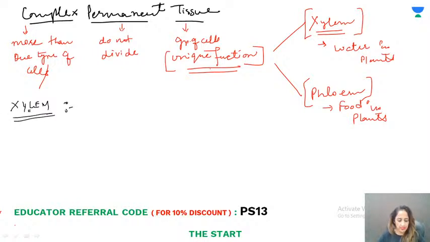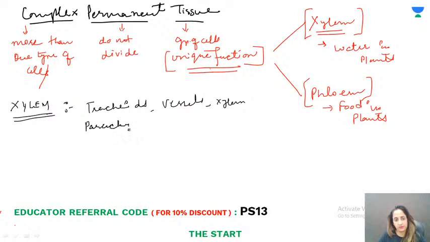In xylem we have tracheids, then we have vessels, then we have xylem parenchyma, and then we have xylem fibers, right?